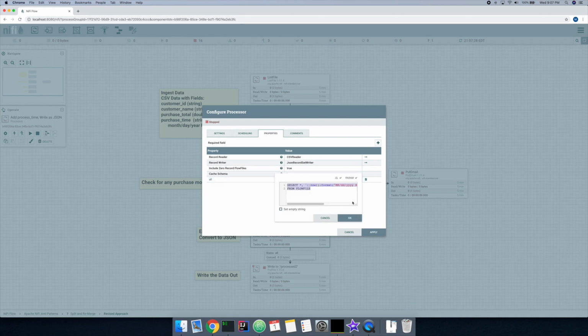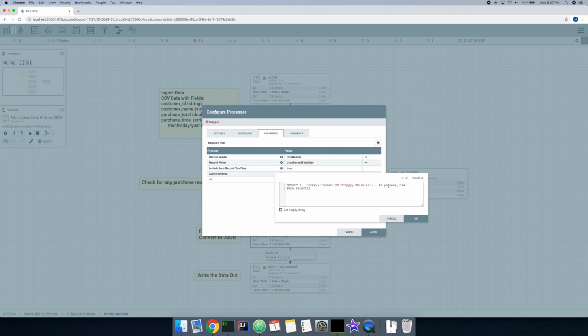In this case, we want to do our enrichment actually right here in line. So we're going to say select asterisk, so select all of the fields. And we also want to select this additional field from FlowFile. This additional field is going to use the expression language to pick out the current date and time. And then we're going to format it using the month, day, year, hour, minute, and second, just like we did in the previous flow.